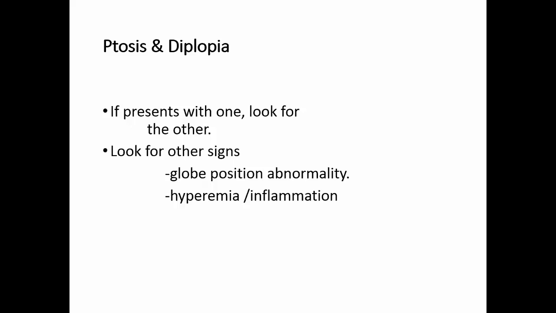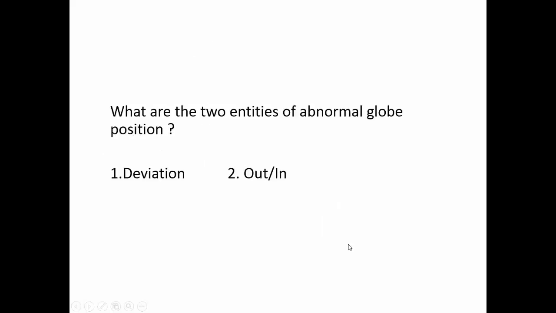And again, you have to look for other signs when a person has either or both of these signs or symptoms. Then you look for other signs like globe position abnormality and presence of hyperemia and inflammation. We'll see why. What are the two entities of abnormal globe position? The eye can move laterally or medially, upwards, downwards.